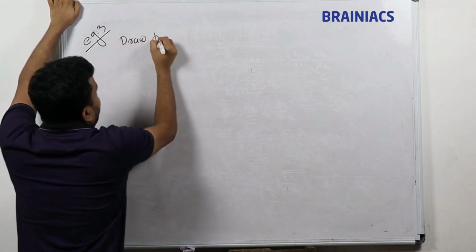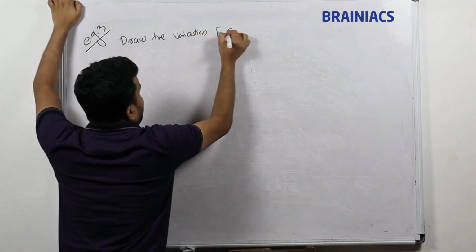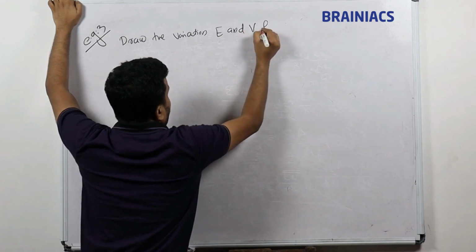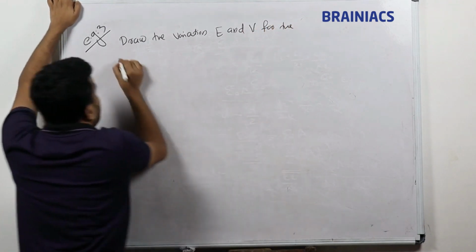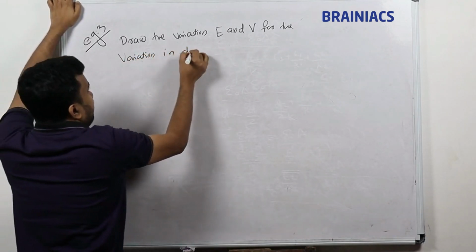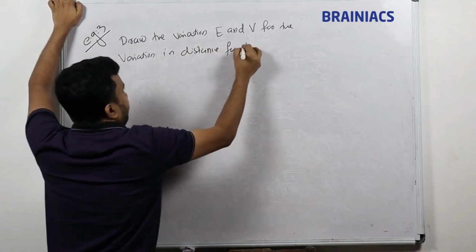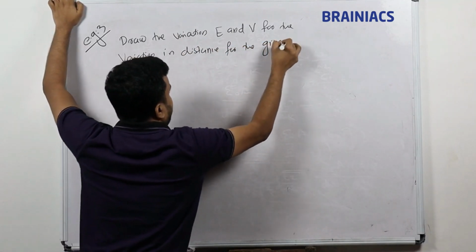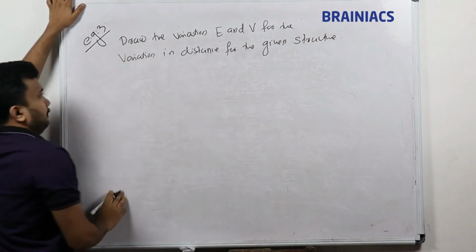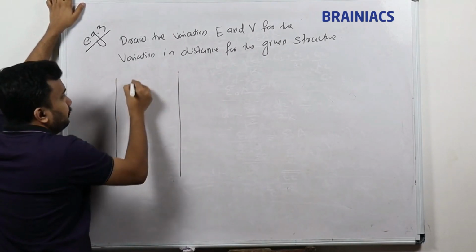Draw the variation of E and V for the variation in distance for the given structure. I will explain to you very clearly, don't worry.